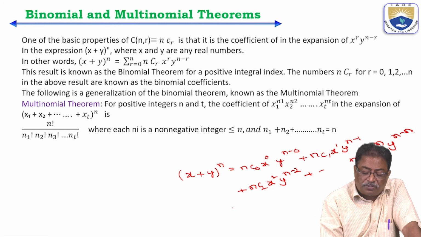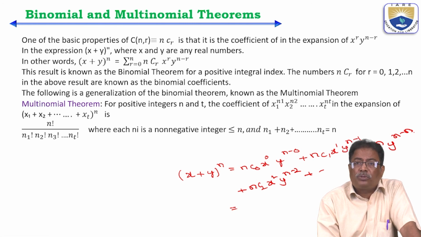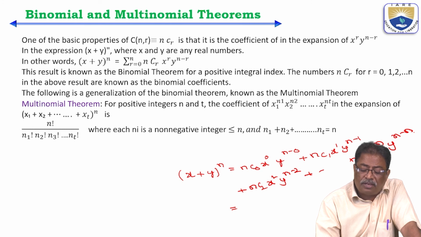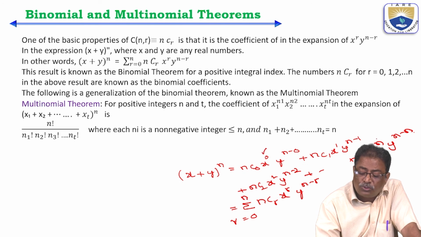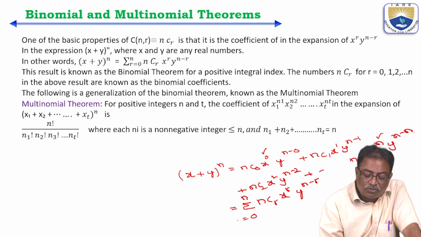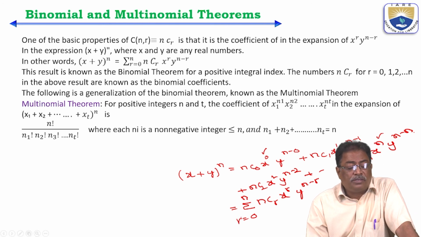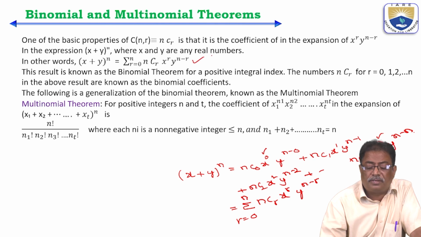Now I am going to write the whole thing in summation notation: nCr, x to the power of r, y to the power of n minus r, with r equals 0 to n. The summation is going to vary, r equals 0 to n. So this is known as the binomial theorem.